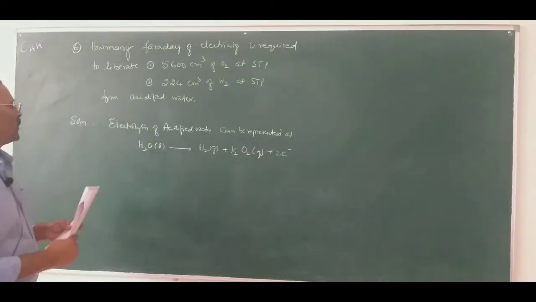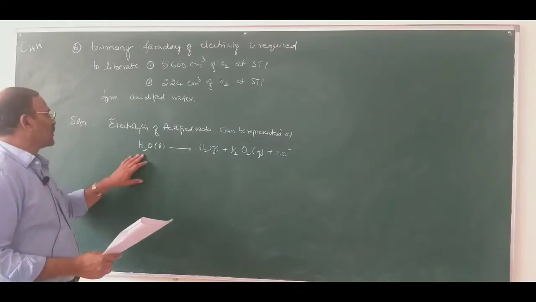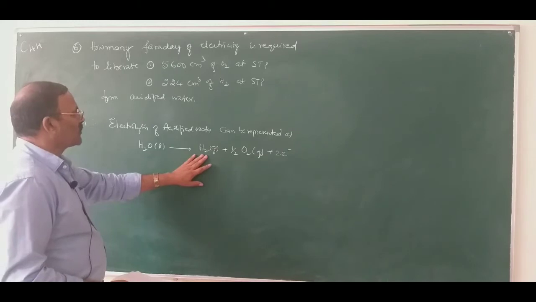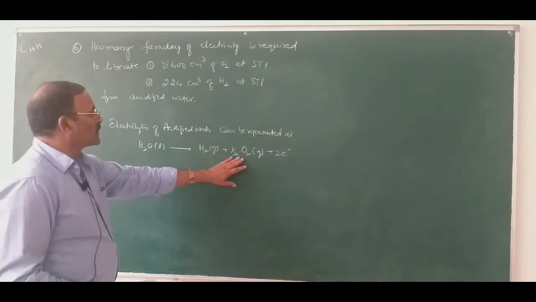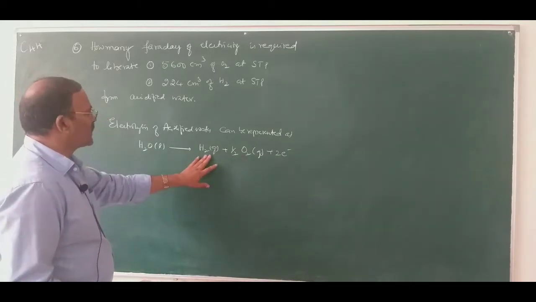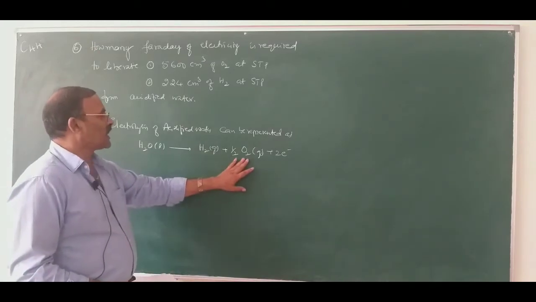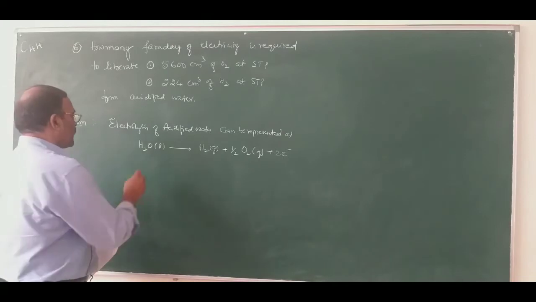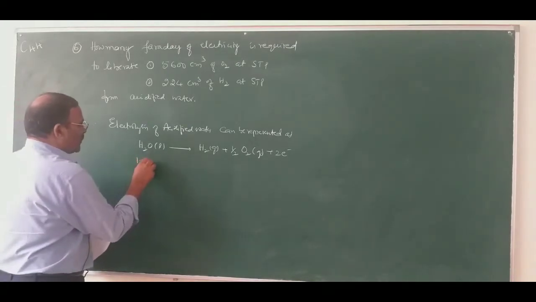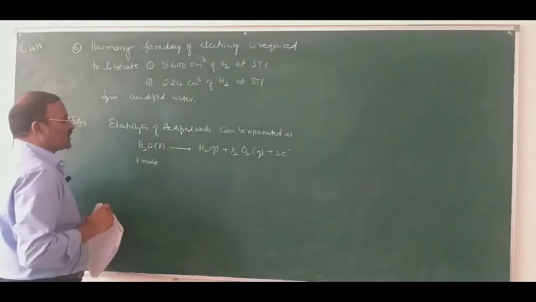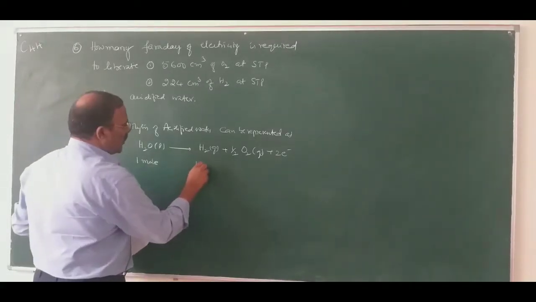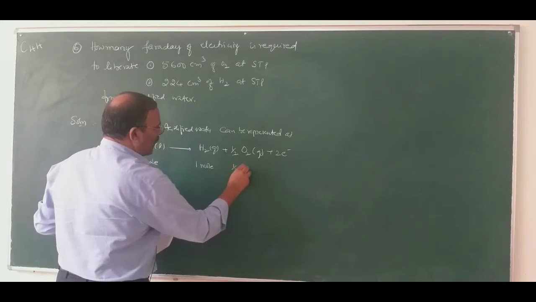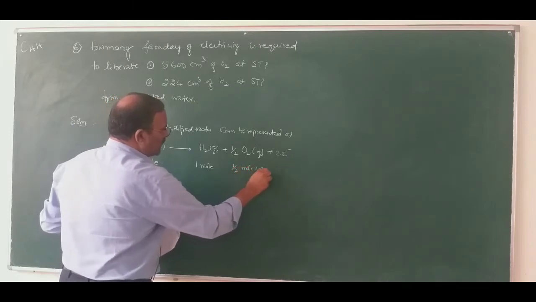So, when acidified water is electrolyzed, you will get hydrogen gas at cathode and oxygen gas at anode with the liberation of 2 electrons. So, here when 1 mole of water is electrolyzed, you will get 1 mole of hydrogen and half mole of oxygen.